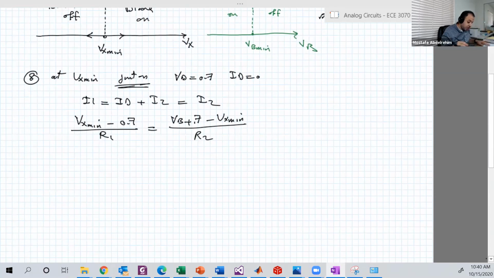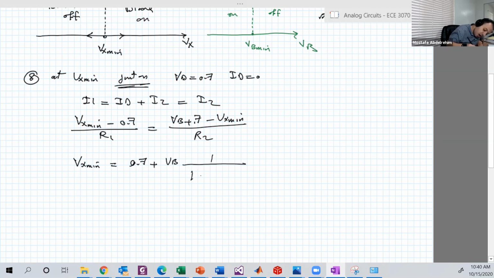And just to continue in simplification of this, the left and right hand side, you will get at the end Vx minimum equal to 0.7 plus VB multiplied by 1 plus R2 over R1.